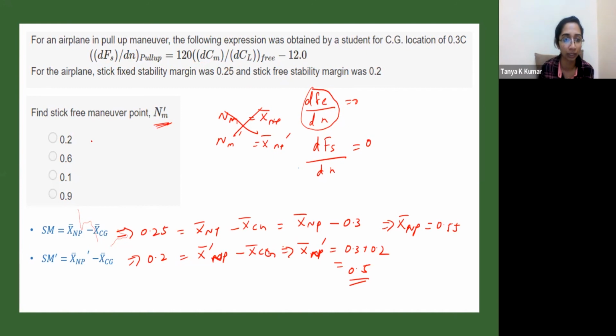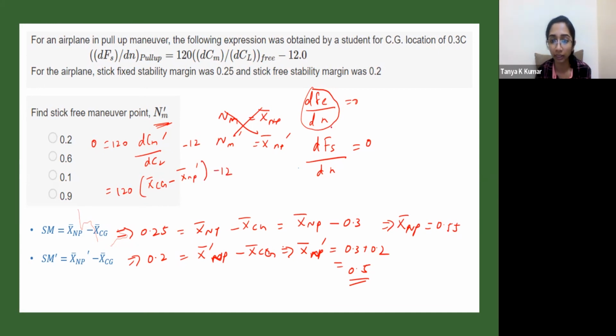That equation is dfs by dn is 0 equal to 120 into dcm upon dcl free minus 12. What is dcm upon dcl? It's a stability margin, it's the minus of the stability margin. So that is x bar cg minus x bar np prime, minus 12.